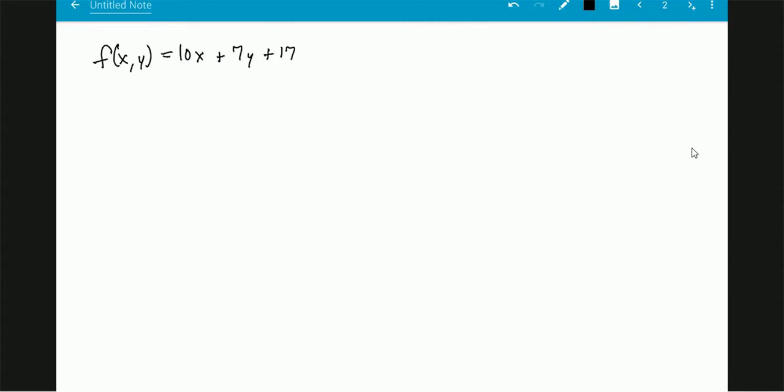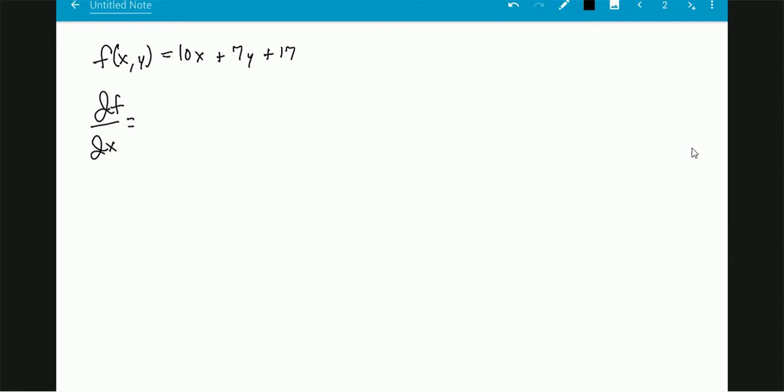Okay. So we've got 10x plus 7y plus 17. The question asks for df over dx. So that's the derivative with respect to x.